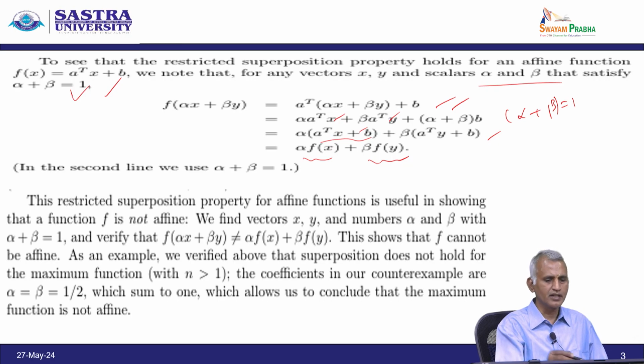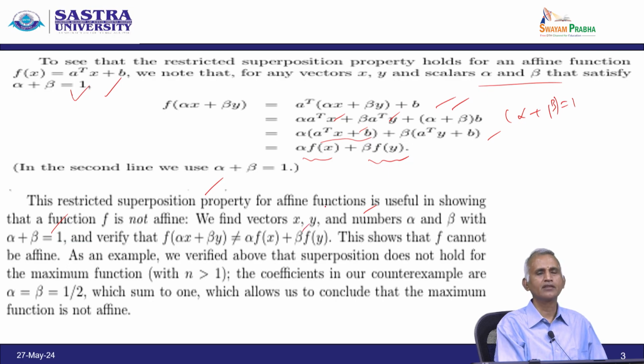This restricted superposition property for affine functions is useful in showing that a function f is not affine. We find vectors x and y and numbers alpha and beta with alpha plus beta equals 1, and verify whether f of alpha x plus beta y equals alpha into f of x plus beta into f of y.